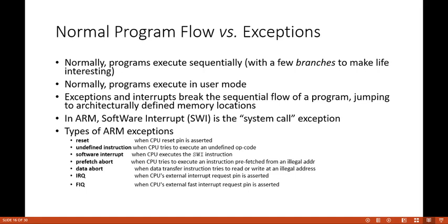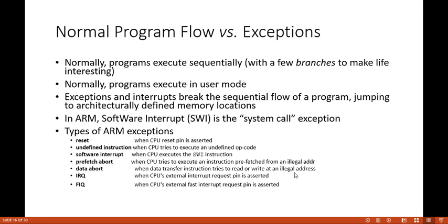Undefined instruction, whenever the CPU tries to execute an undefined opcode. Software interrupt executes when the SWI instruction is executed. Prefetch abort, when the CPU tries to execute an instruction prefetched from an illegal address. Data abort, when a data transfer instruction tries to read or write at an illegal address.